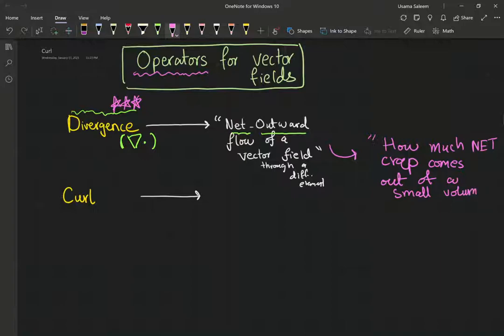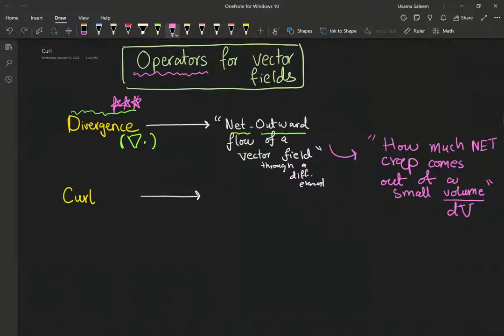In 3D that's a small, infinitesimally small volume dV, in 2D an infinitesimally small area, and in 1D you can't really have divergence.